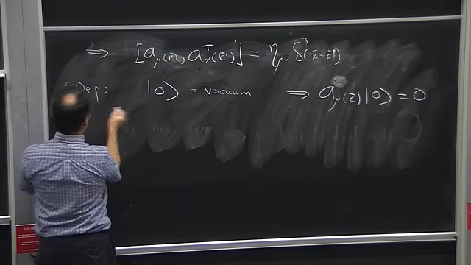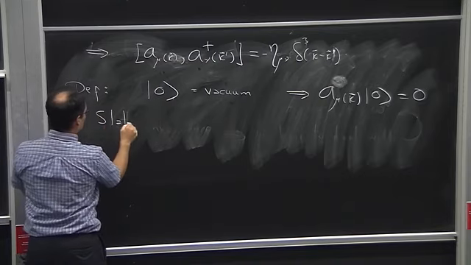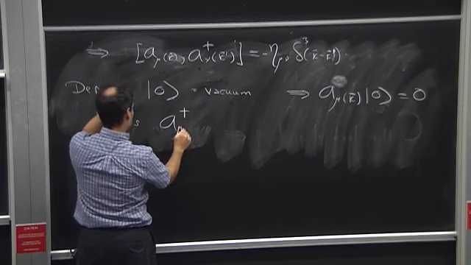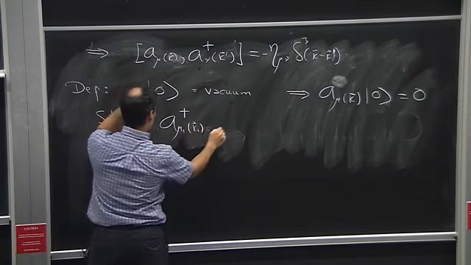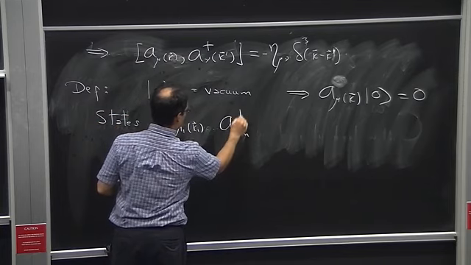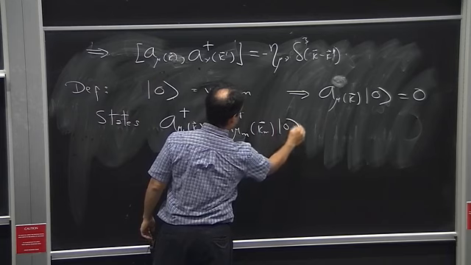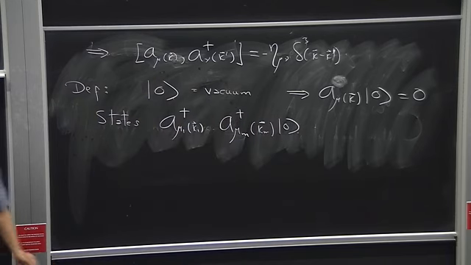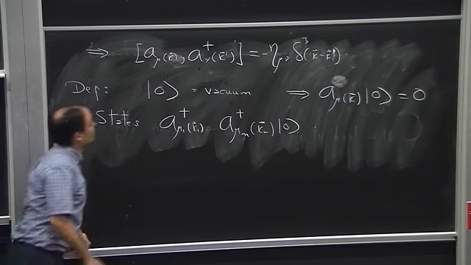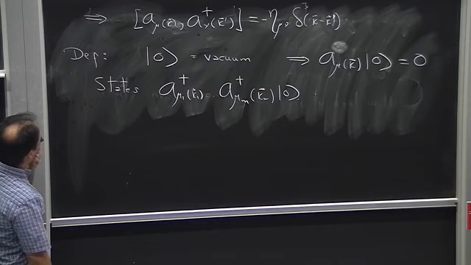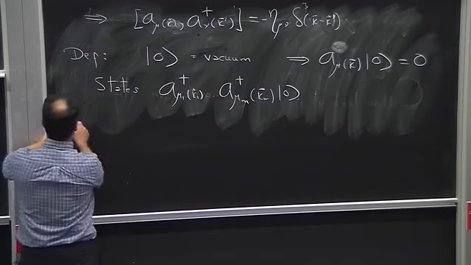And we say that particles or states are given by sequences of these creation operators. These are our states. Okay? So far, so good. No problem. Well, but there is a problem.